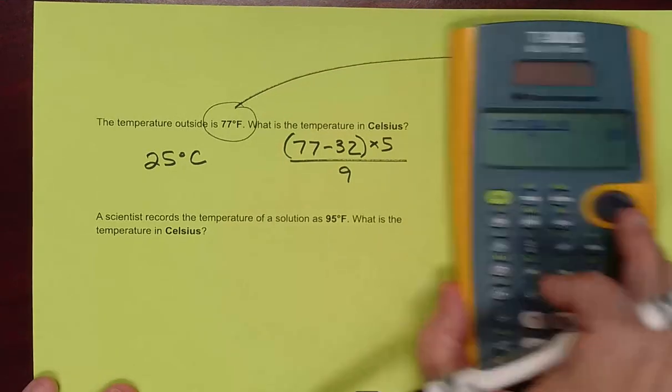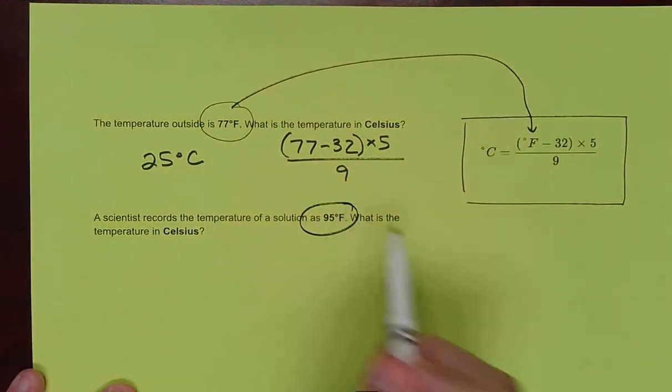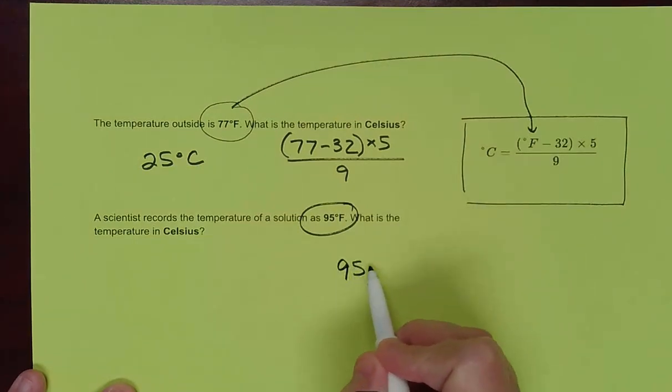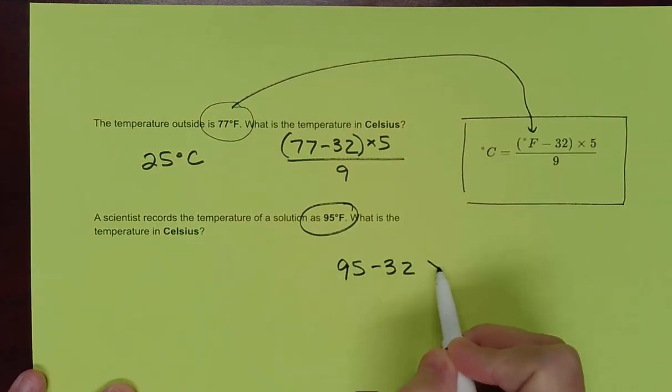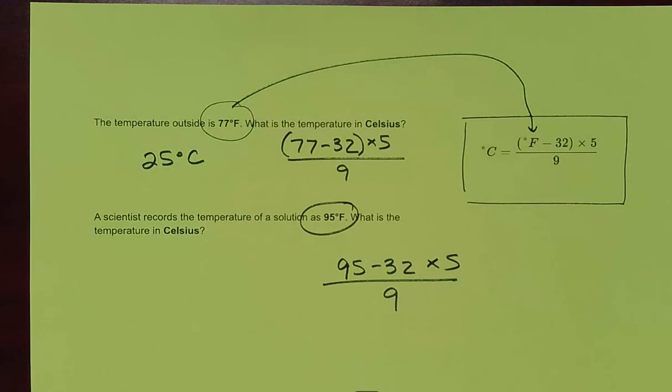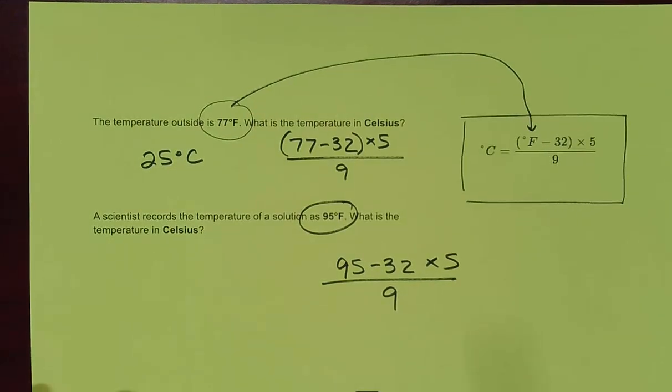So let's do another one like this. Now I have a temperature of 95, so we're going to put that in the formula. 95 minus 32 times 5 over 9. Now notice I didn't put the parentheses. If I type this in without parentheses, we're not going to get the right answer, because the calculator is going to do 32 times 5 first, because it follows the order of operations and will multiply before it subtracts.